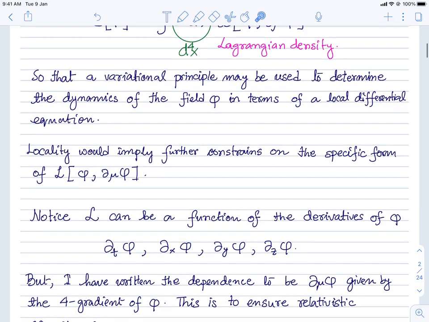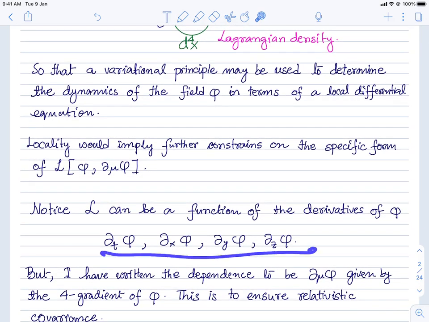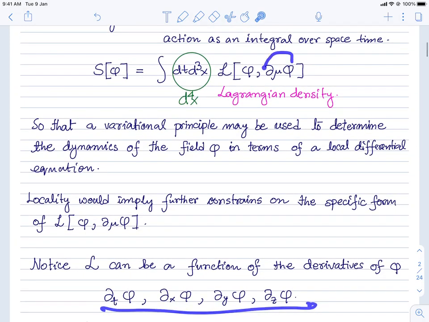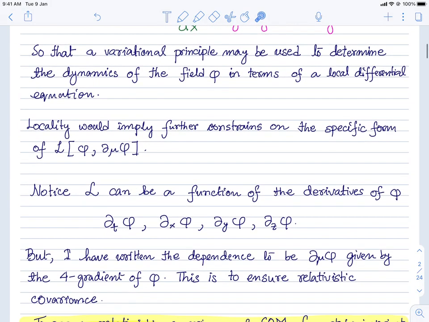But I'm not writing these derivatives separately like this. I'm writing the four-gradient of the scalar field. That is because I want a theory of the scalar field which is relativistically covariant. In order to ensure relativistic covariance, I cannot treat the space and time derivatives separately.